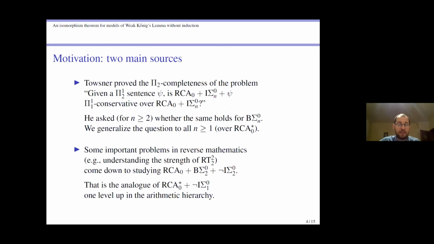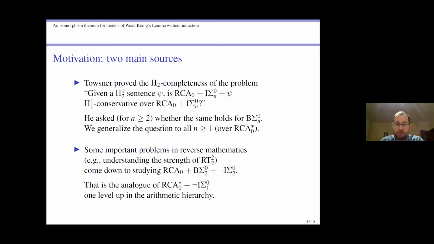Now, here comes the motivation. So what was our motivation for this? We mainly had two bits of motivation. One was a certain problem of Henry Towsner that I've been interested in for a number of years, and some of you know it. I'm sure that I talked to at least Roman and Ali about this problem.